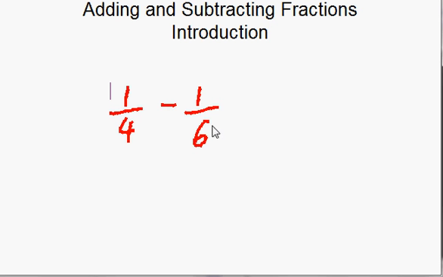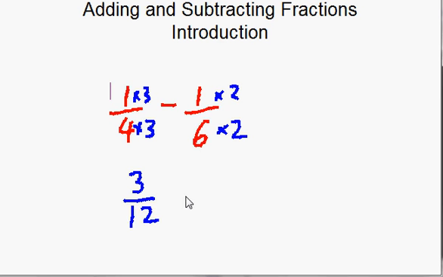There's no problem with that. But it looks like there's a smaller common denominator, or common multiple of 4 and 6 that I could use. So I could just multiply this by 3 on the top and bottom, and this one multiply by 2 on the top and bottom. Okay, and then I end up with 3/12 minus 2/12, which is 1/12.